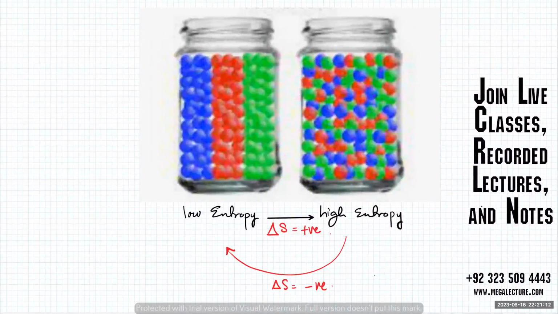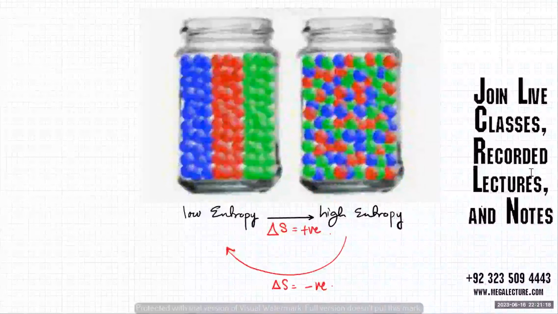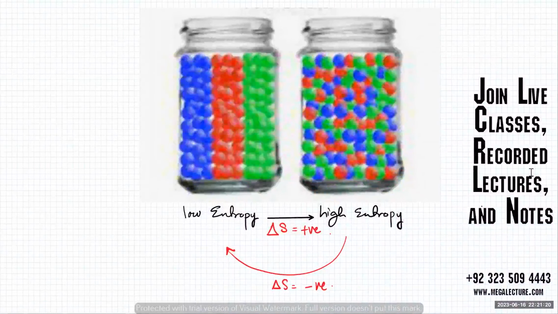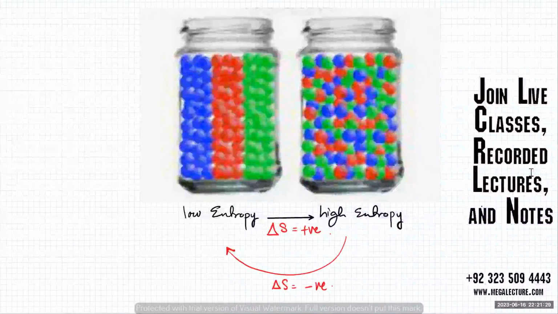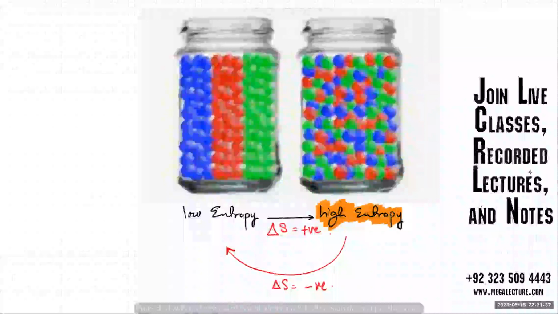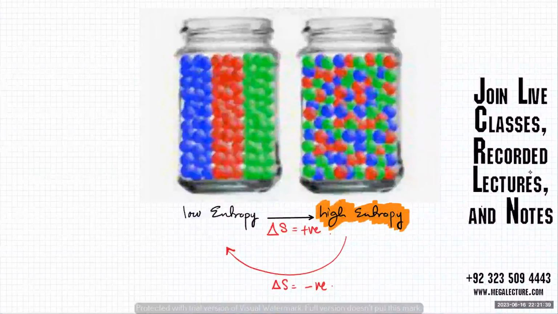Now, which state, low entropy or high entropy, do you think is more stable, more likely to exist, or has a higher probability? A high entropy state or a low entropy state? High. Okay, so this high entropy state is the more probable state.